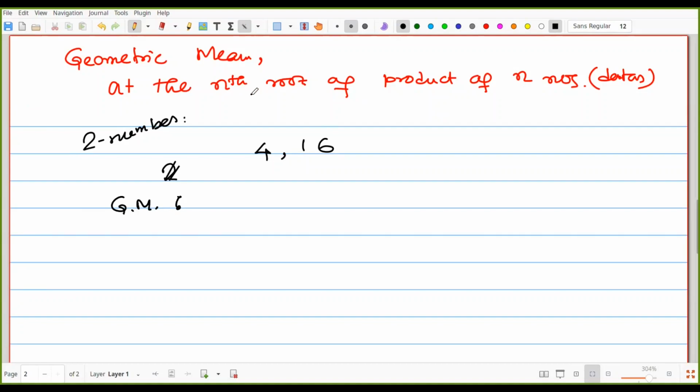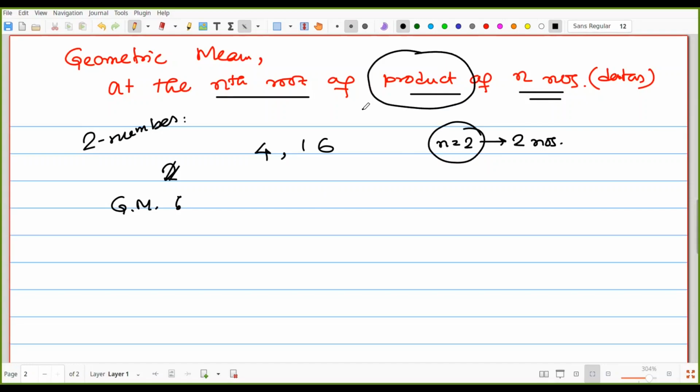Just look at the definition, nth root of the product of n numbers. Here, n is equal to 2. That means two numbers are involved. Then, product of n numbers. So that means we have to multiply 4 into 16.